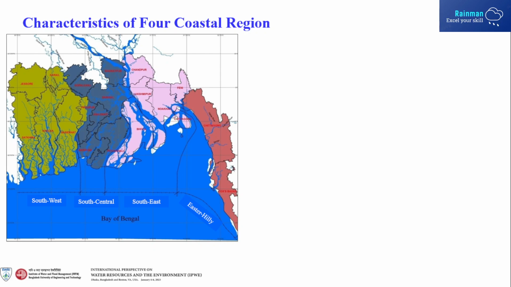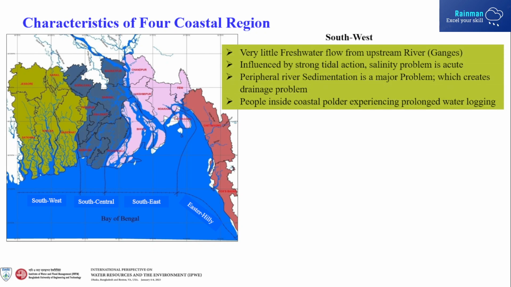The Southwest region receives very little freshwater flow, and the southern side of this region is protected by Sundarban, so the polders located inside this region are a bit protected from storm surge. This area is facing huge tidal action, and the erosion problem is also there, and the polders are facing prolonged waterlogging.